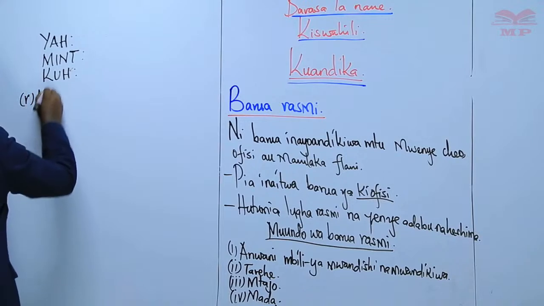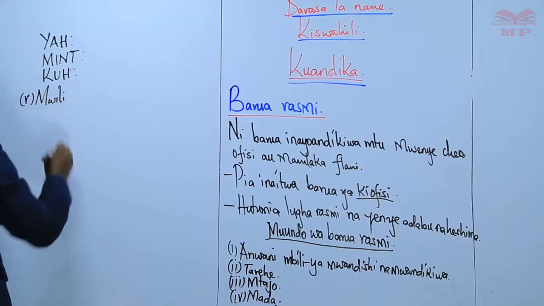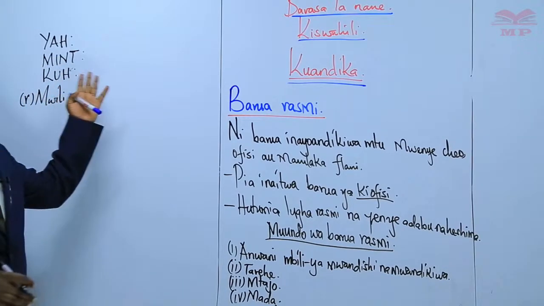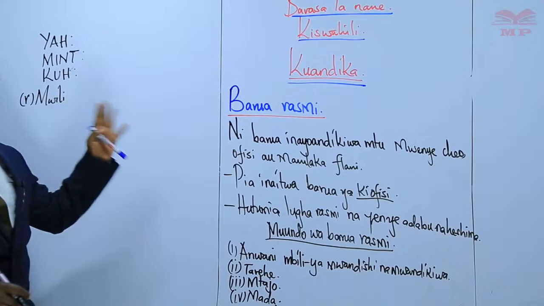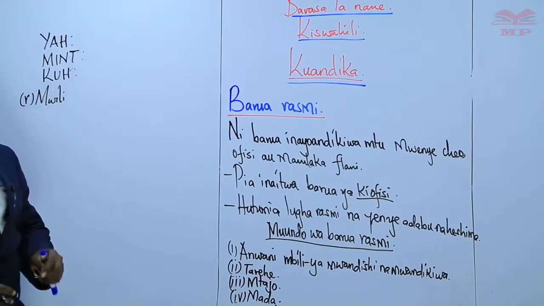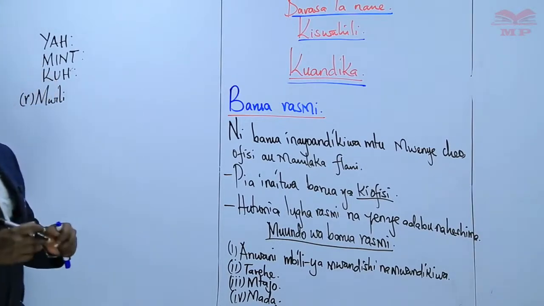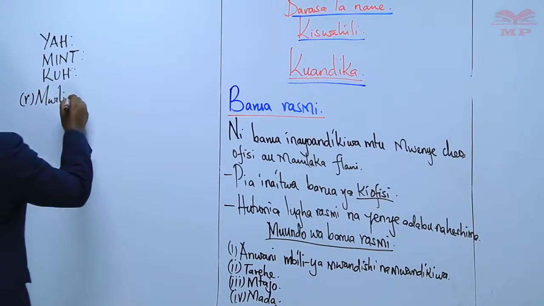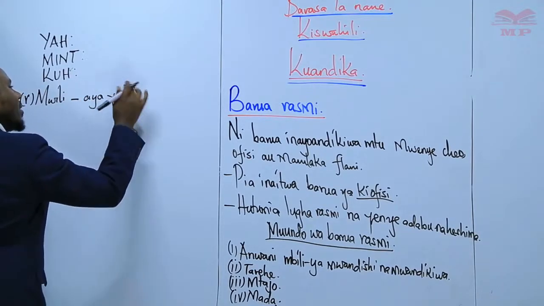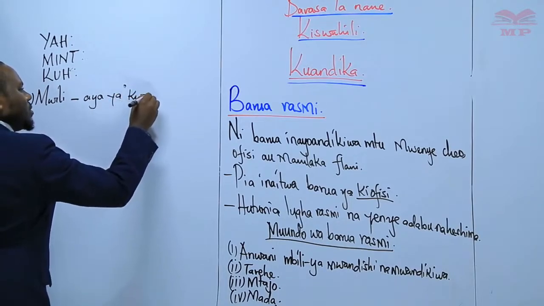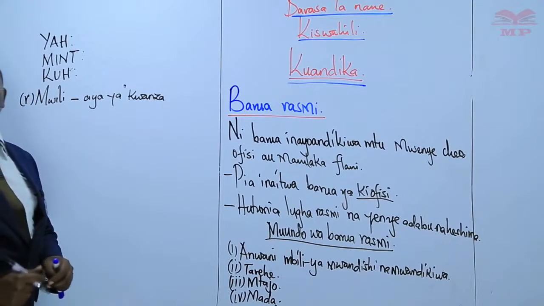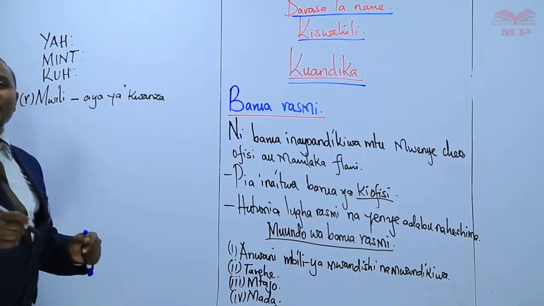Nambari ya 5 ni mwili. Sehemu ya mwili ni baada ya kuandika anwani, ama baada ya kuandika mada, baada ya kuandika kichwa cha barua yako, ingia moja kwa moja kwenye aya ya kwanza. Aya ya kwanza, andika ujumbe wako. Una haja gani? Andika mahitaji yako hapo.